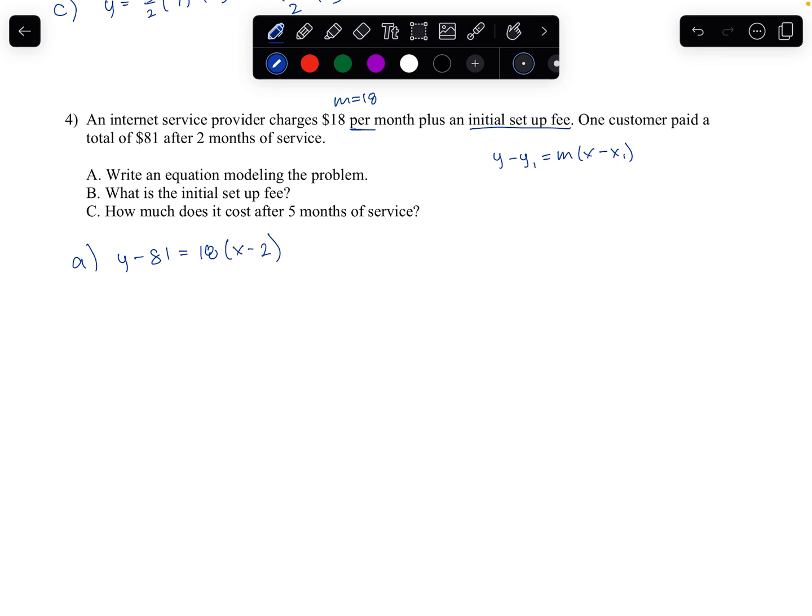And if you want to format this into the given equation above, you can add 81, distribute, and then combine like terms. So y will be equal to 18x minus 36, right? Plus 81. Okay. And then 81 and minus 36, let me get that right here. It's 45. So we can say y is equal to 18x plus 45.